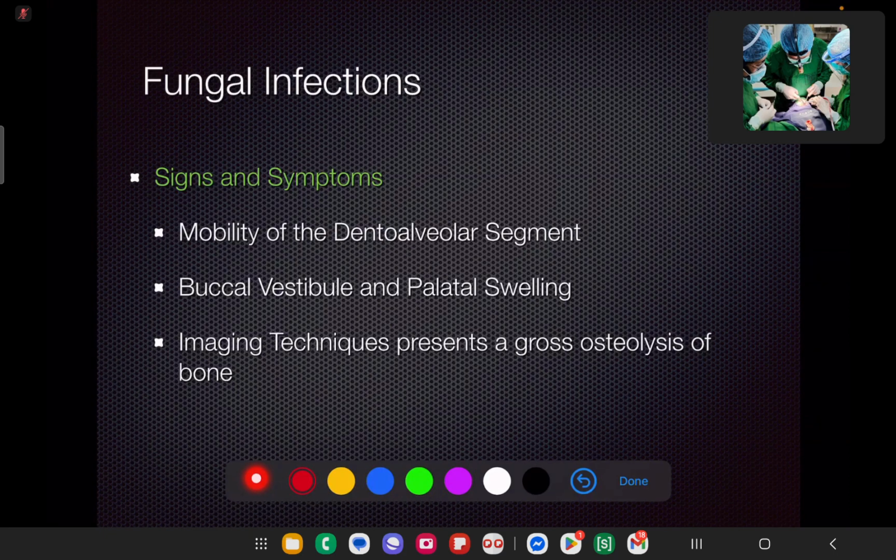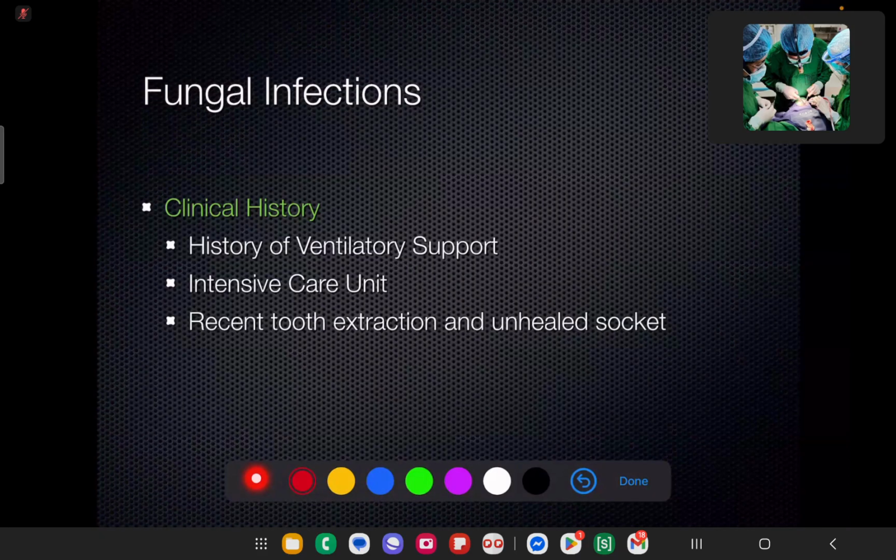So the signs and symptoms of fungal infections are mobility of the dental alveolar segment, and buccal vestibule and palatal swelling. When you take a panoramic or periapical radiograph, there would be gross osteolysis or bone destruction in the area. So where do you get fungal infections?